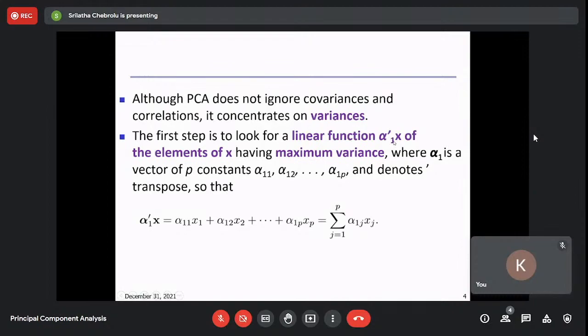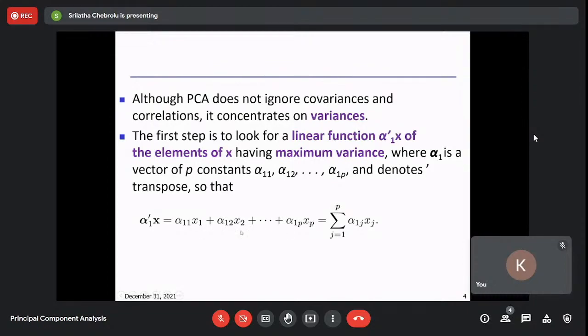Now we will correlate these two things: the linear function of the elements of x having maximum variance, where alpha 1 is the vector of p constants. Alpha 1 1, alpha 1 2 are the elements; we will see how we correlate these with the eigenvalues.